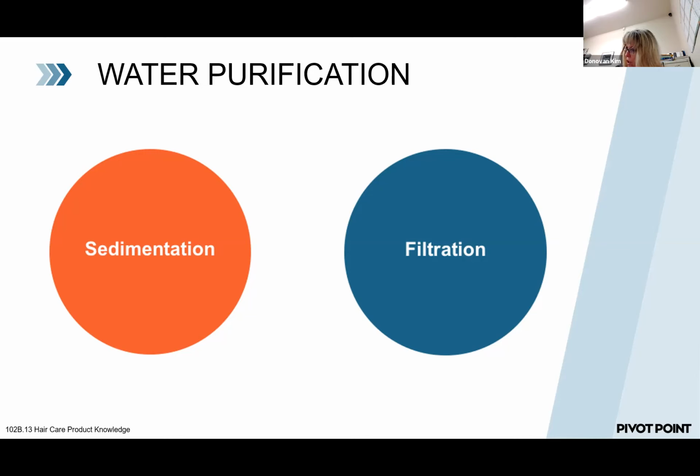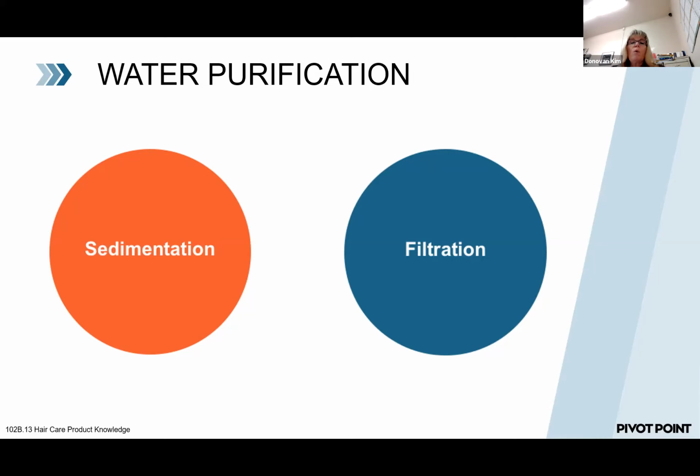During filtration, the undesirable substance passes through a porous substance that holds the undesirable stuff in it. And then sometimes they add chlorine to water because it helps further purify the water.